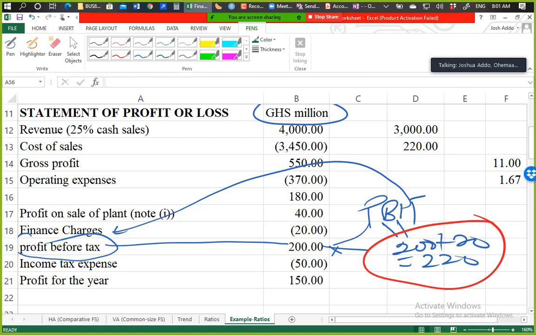Your networks are very terrible. Sir, I can't see the cost on the screen because I have the profit already, which is the 150, but the cost of sale is up there. No, we have gross profit. The gross profit is here, 550. Gross profit margin, the formula is gross profit over revenue. And the revenue figure is at the top, 4,000.